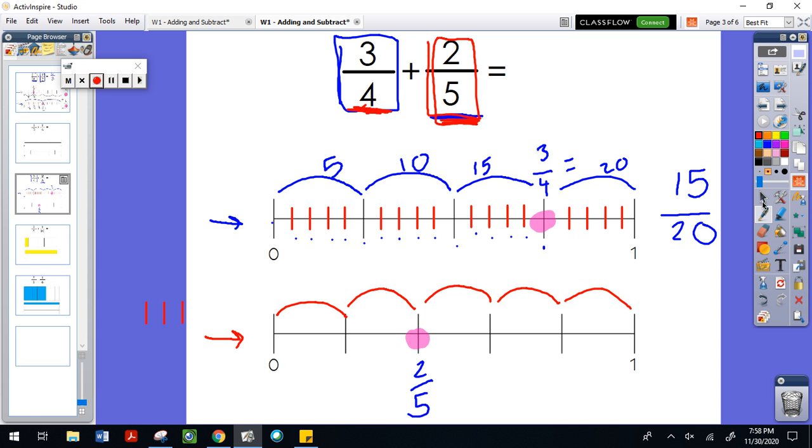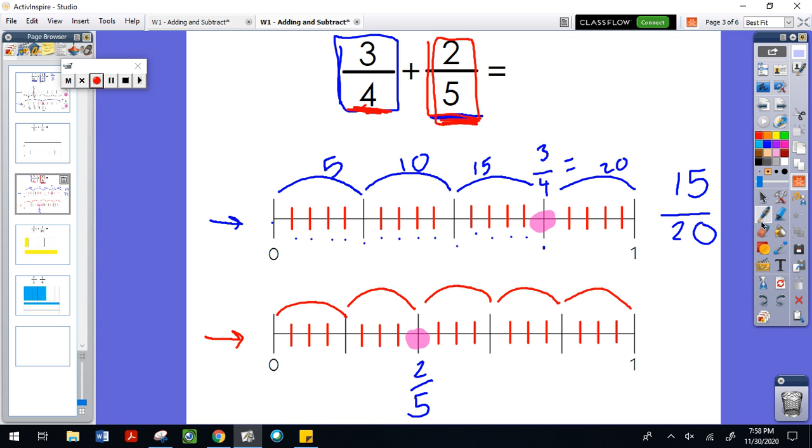So I'm going to bring my red lines over, and you can see that I have 1, 2, 3, 4 pieces. We're going to do that for the entire number line, just like this.